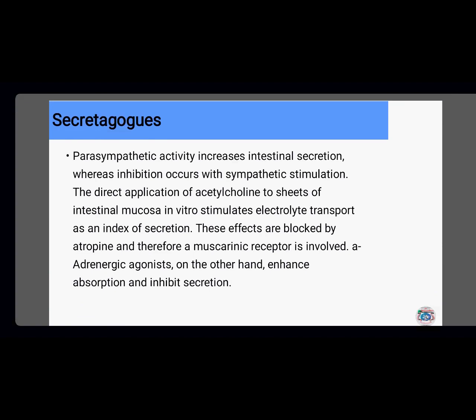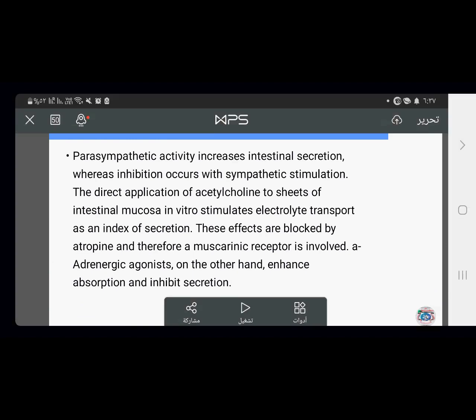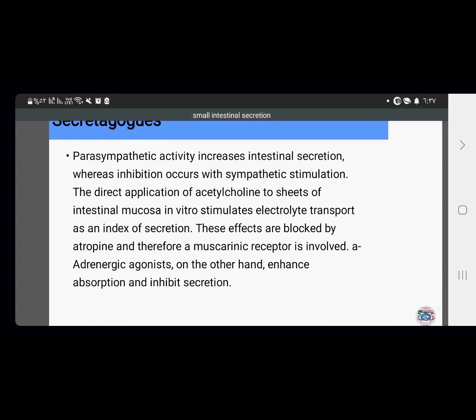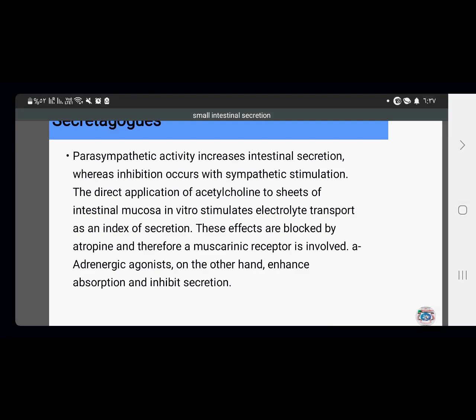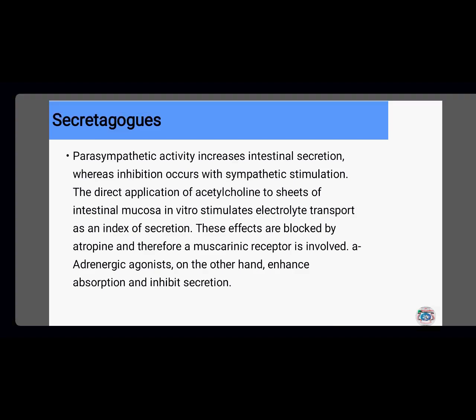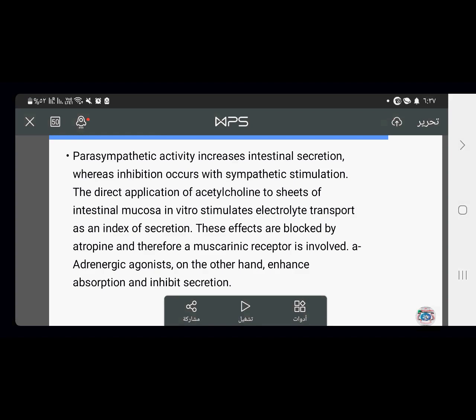These effects are blocked by atropine. As you know, atropine is the antagonist of acetylcholine, which is released by the parasympathetic, and it's considered a parasympathetic neurotransmitter. These effects are blocked by atropine, and therefore a muscarinic receptor is involved.